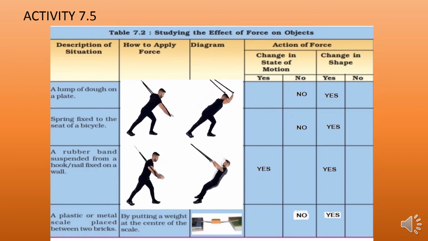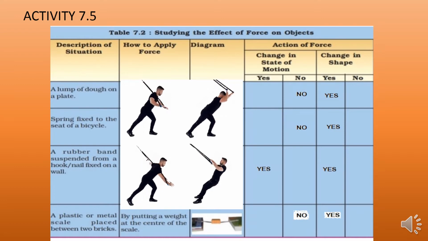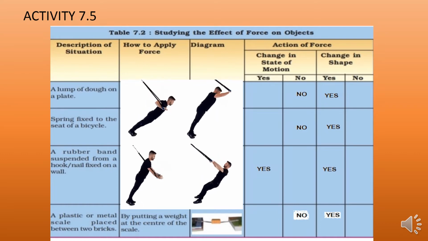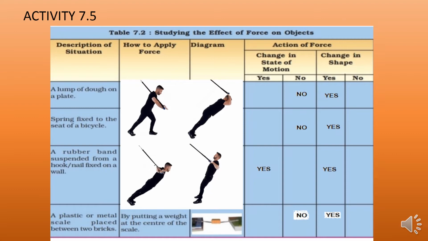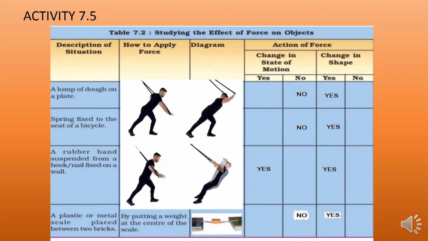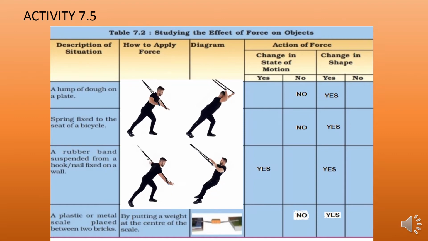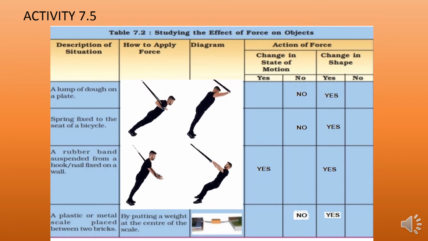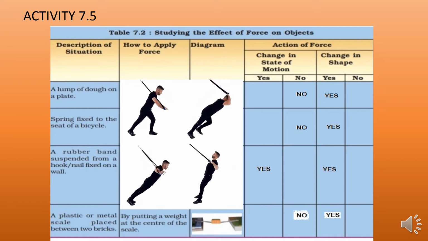Then the next one is a rubber band suspended from a hook or nail fixed on a wall. How are we applying the force on this? By applying the force on the free side of the rubber band. Here the person is applying force from the free side.